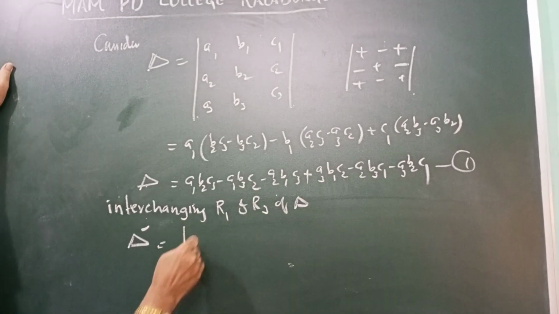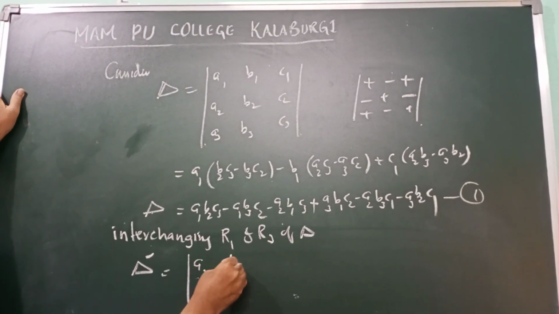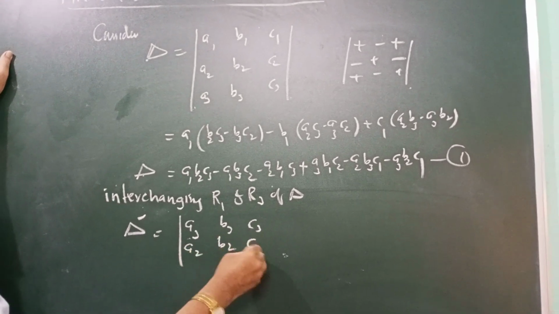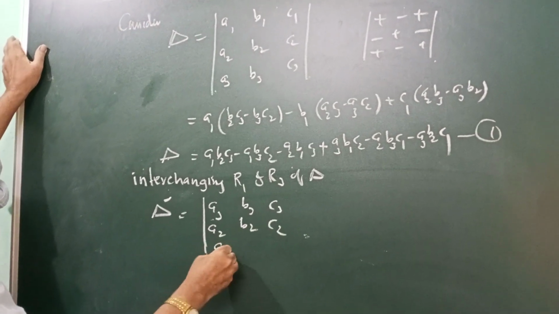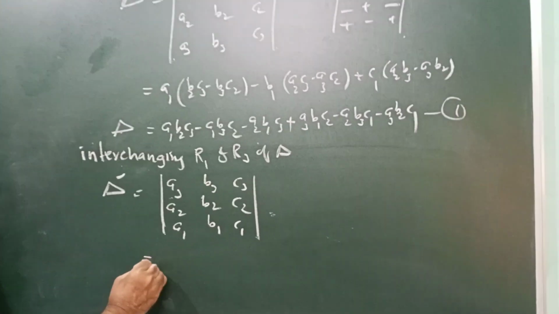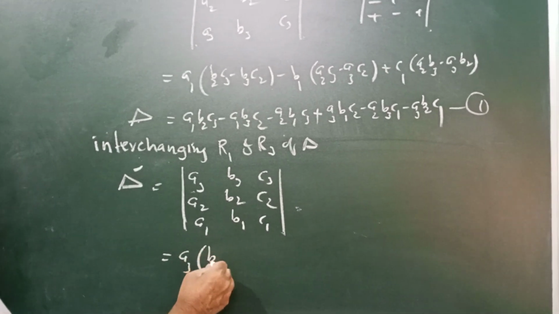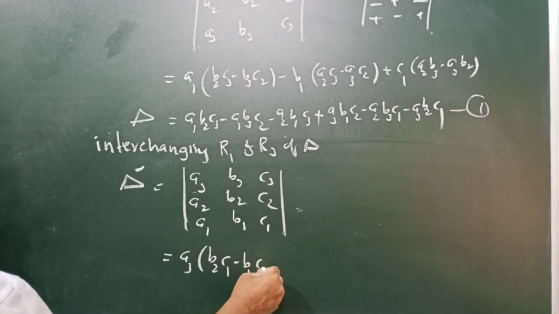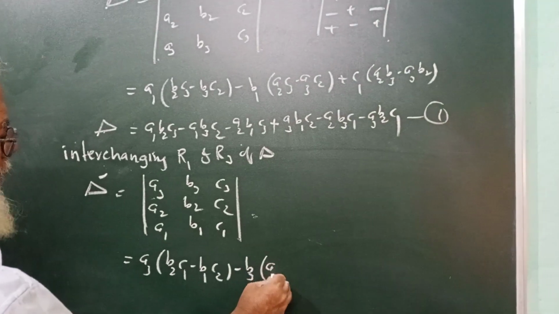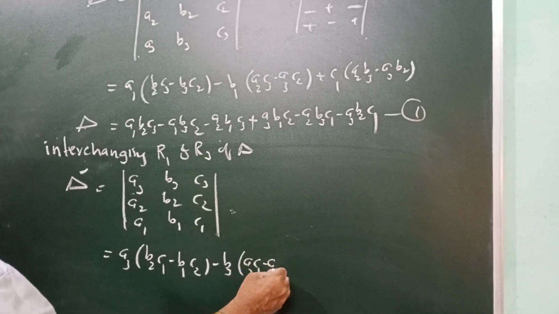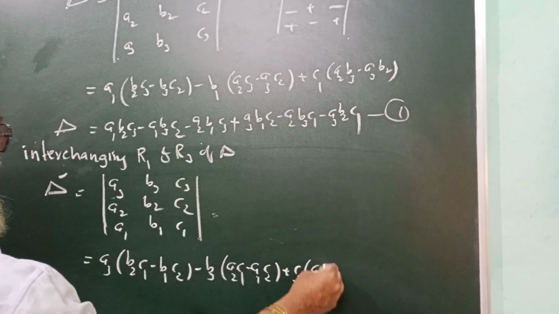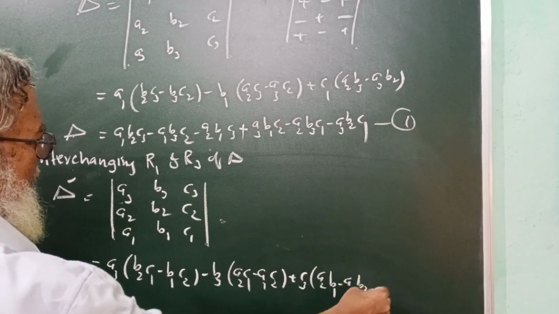So what happens here? It is A3 B3 C3, it will be as it is A2 B2 C2, and A1 B1 C1. Now expand it. Same expansion is there. A3 into B2 C1 minus B1 C2, minus B3 into A2 C1 minus A1 C2, plus C3 into A2 B1 minus A1 B2.